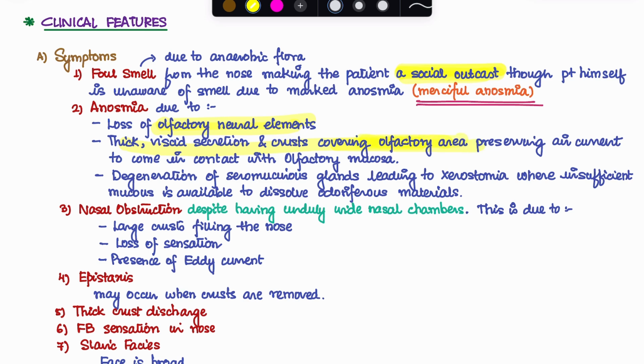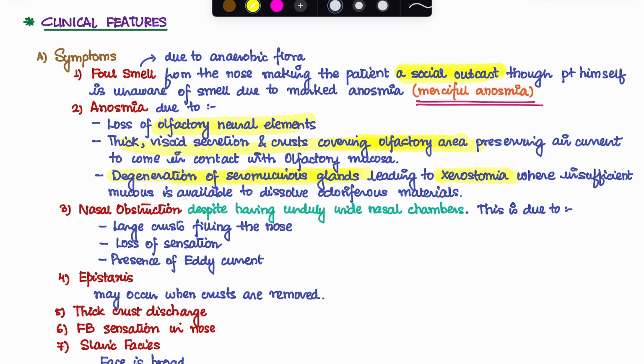Hence, the air currents entering the nose are unable to come in contact with olfactory mucosa. And the third reason is, as mentioned in histology, there is a degeneration of seromucinous glands. This leads to dryness, because of which enough mucus is not available to dissolve the odoriferous materials. So these 3 reasons lead to development of anosmia in the patient.